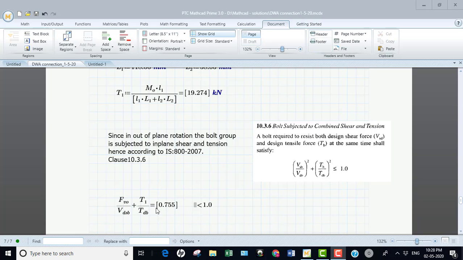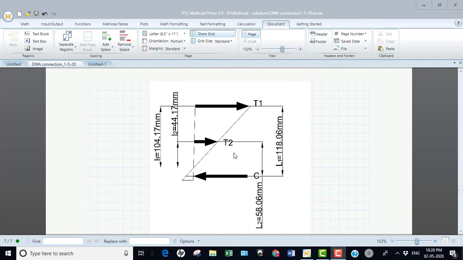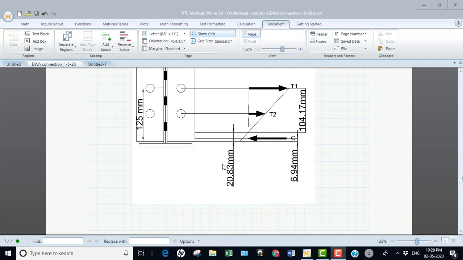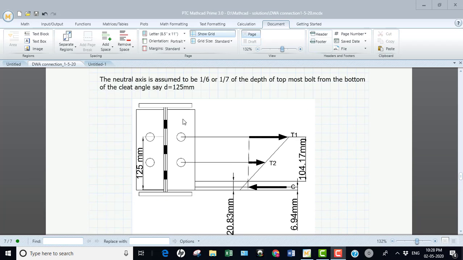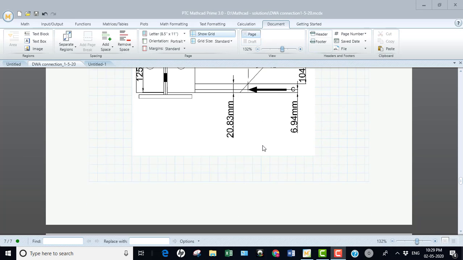When I make this ratio, it is coming within 1. Therefore, these bolts are safe in the combined effect of shear and tension. Therefore, this bolt group is also safe to take your shear. Now we have checked the adequacy of this bolt group as well as that bolt group to take care of the applied shear.